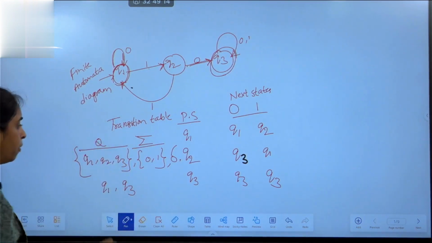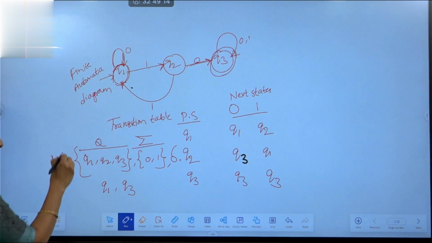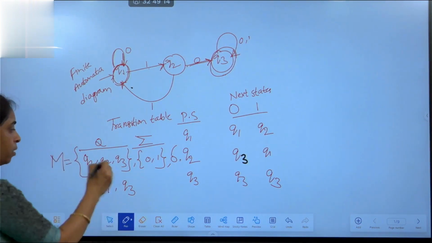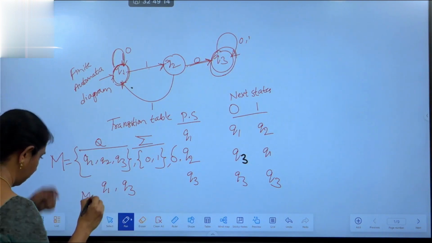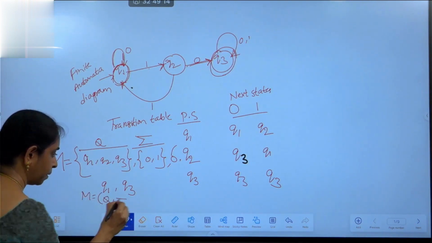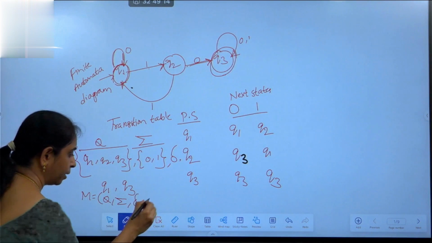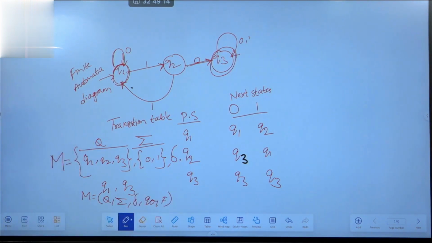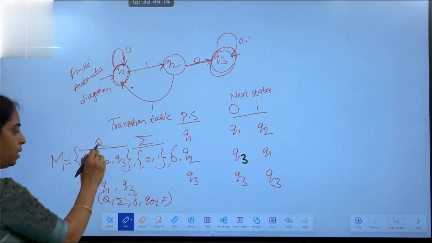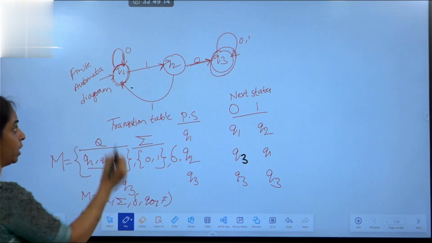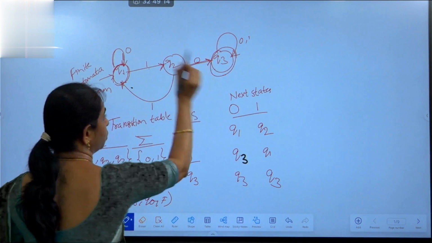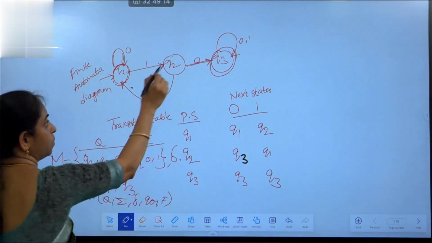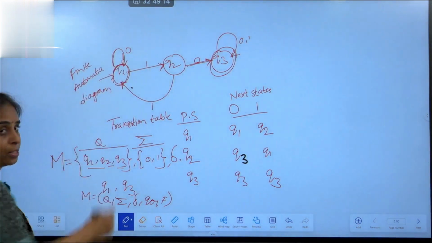Now coming to the definition of the finite automata machine, it has five tuples: Q, sigma, delta, Q naught, and F. Q means the set of states we have taken in the diagram, like Q1, Q2, Q3. The input alphabets 0, 1 are those we have taken on the transitions.